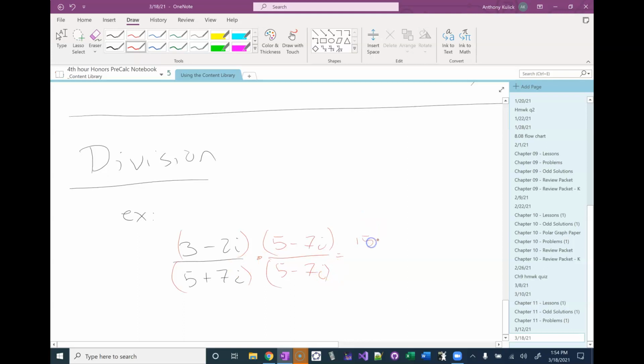So that's going to be 15 minus 21i minus 10i plus 14i squared over 25 plus 7. The conjugate's the same thing with the different sign in the middle, is the simple way of saying it.